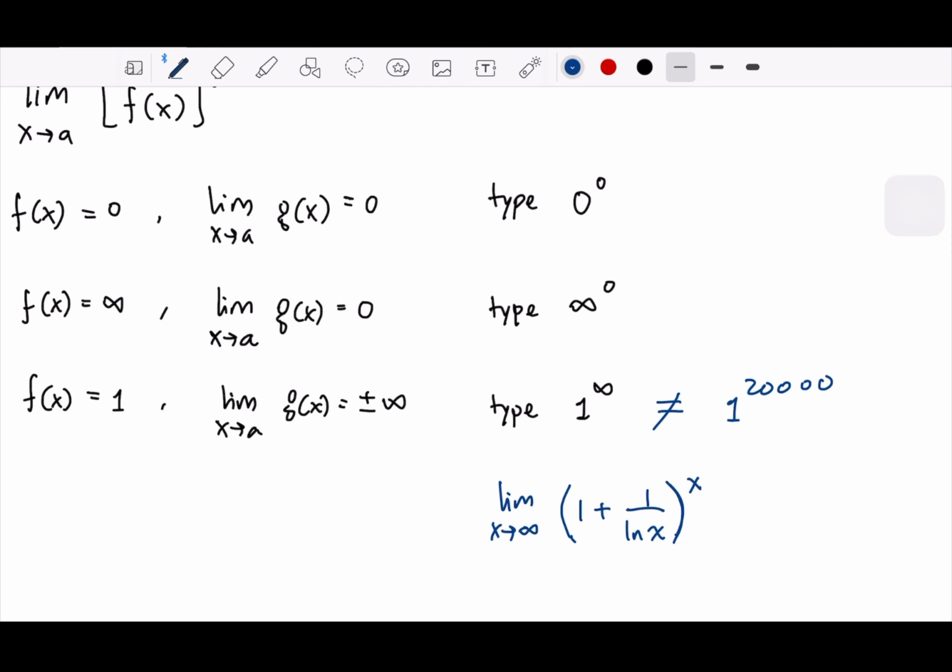It seems that this is going to be 0 because it has infinity, and then 1 over infinity, and the limit is 0. But still, we are not really sure what is happening here. Is it going to be 1 or is it going to be something else? But I think if you take a closer look at these 3 possibilities, there is 1 combination that is not really included here, which is the combination of 0 and infinity.